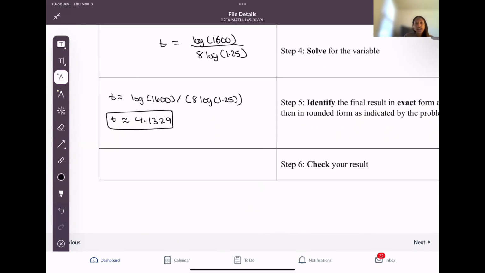And then how do we check our answer? We go back to the original problem, which was 25 times 1.25 to the 8t, and where t was, you type in 4.1329 and type this into your calculator. It should be approximately equal to 40,000.